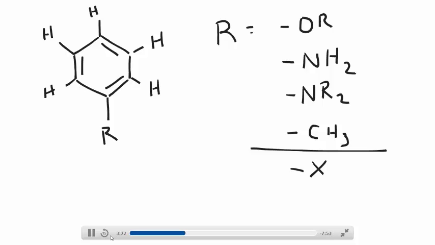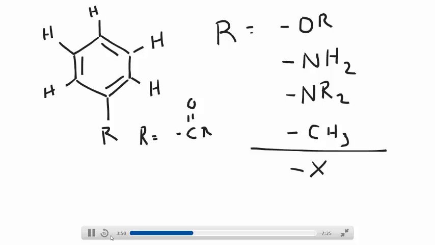If, on the other hand, you use an electron withdrawing group, you're talking about using something like a carbonyl carbon directly attached. So this could be an aldehyde or a ketone, or an ester where the carbonyl carbon is the one directly attached, not the oxygen. You could be using an acyl chloride. You could be using an amide where, again, the carbonyl carbon is the atom directly attached.